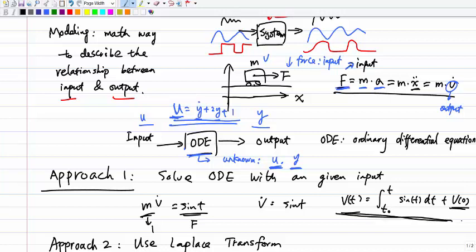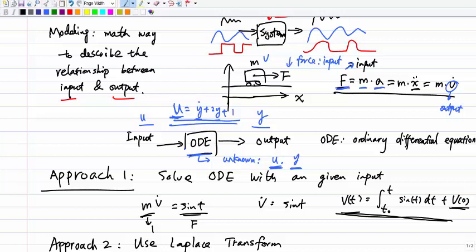This is the direct method to solve the control design problem: just solve the ODE with a given input, because the only variable in the ODE that we don't know is the output variable. So this method is pretty intuitive and straightforward.